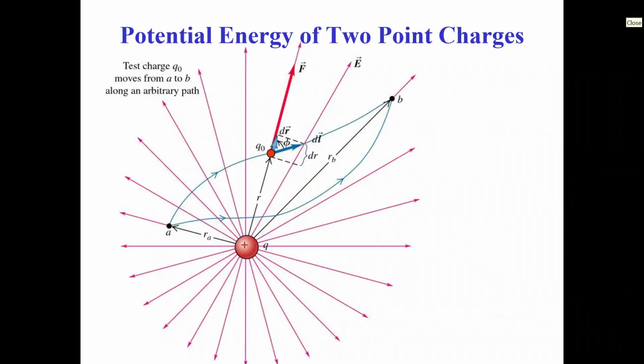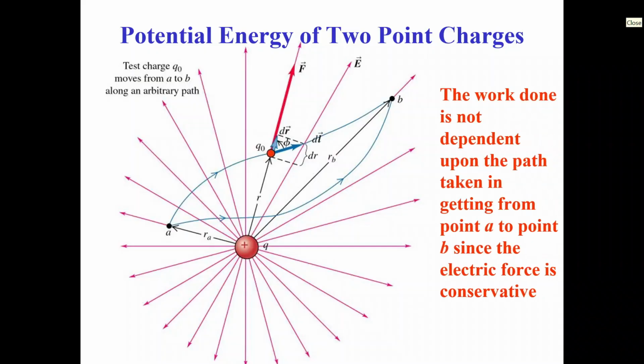But what's fortunate is we don't need the calculus, because we know that our force is conservative. So we only care about those fields. But if you did the calculus, the path would not matter, because we would only care about the portion of the force that's parallel to the displacement. So all of the side-to-side motion wouldn't matter.